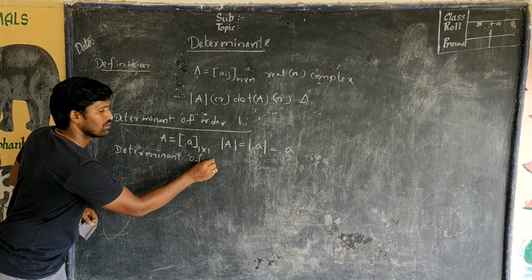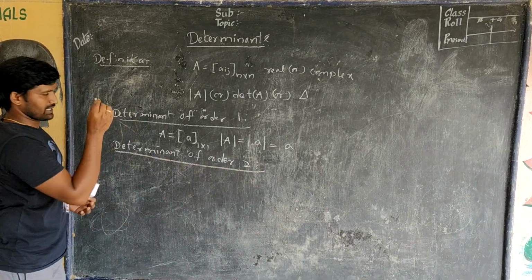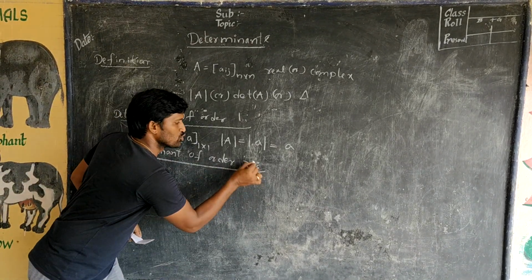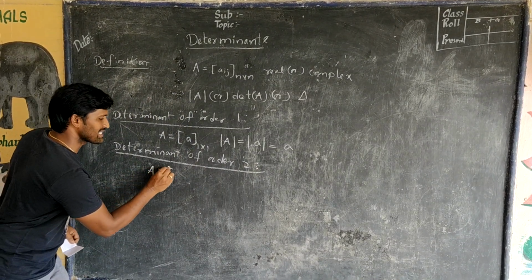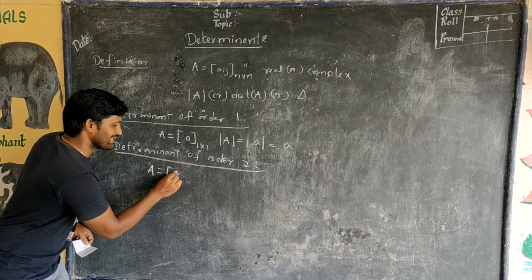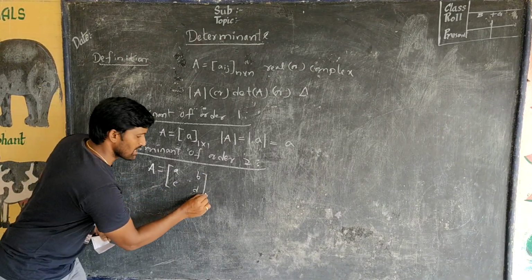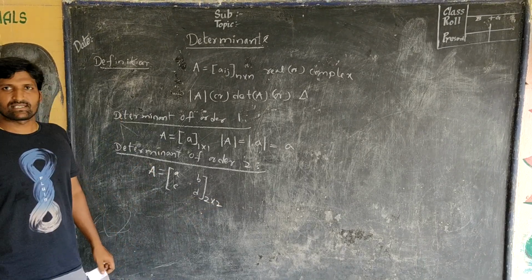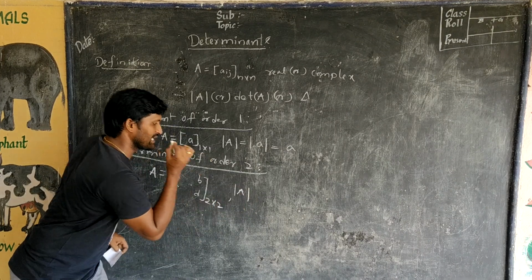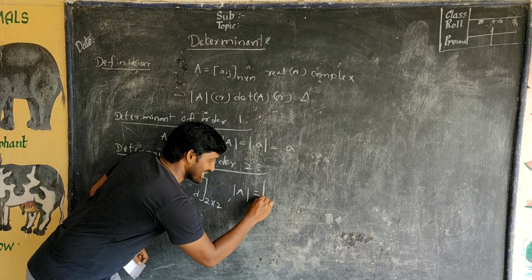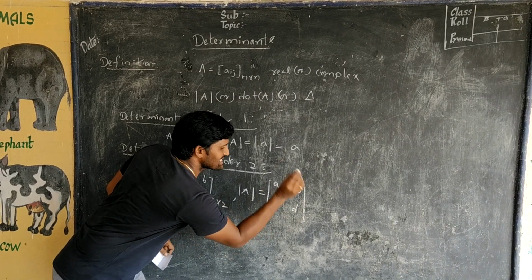When we come to determinant of order 2, order 2 means a 2 by 2 matrix. How to find a 2 by 2 matrix determinant value? For example, let a matrix A contain elements a, b, c, d. Its order is clearly 2 by 2. How to evaluate the determinant of this matrix? Det A equals delta of these 4 elements a, b, c, d.